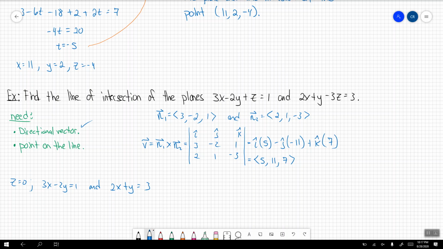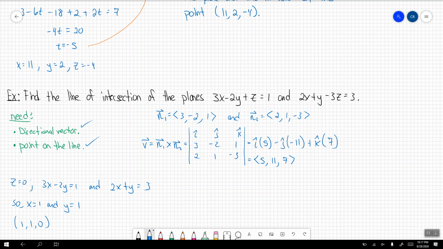Just doing some really quick mental math, I'm trying to find an x value and a y value that will be nice, that will give me an evaluation of 1 for the first equation and an evaluation of 3 for the second equation. Try x is 1 and y is 1. I think that should work. And that gives us all the equations. So I found the point on the line. By trial and error, the point on the line is (1, 1, 0).